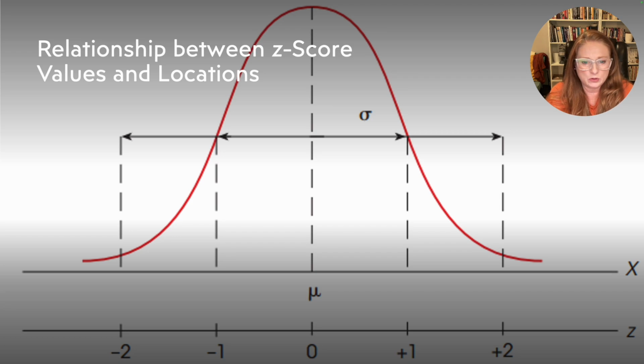Yes, you do have people that are outliers, who will have an IQ score or an SAT score that will yield a z-score of +3 or -3.5. Very, very rare. And keep in mind, you can find a z-score for any raw score.